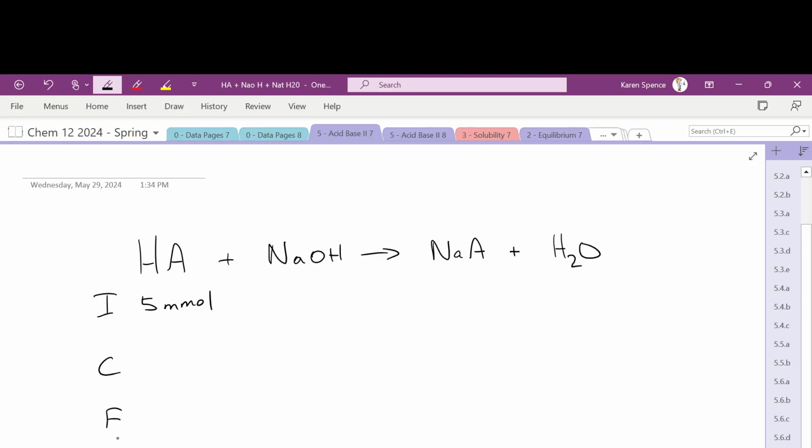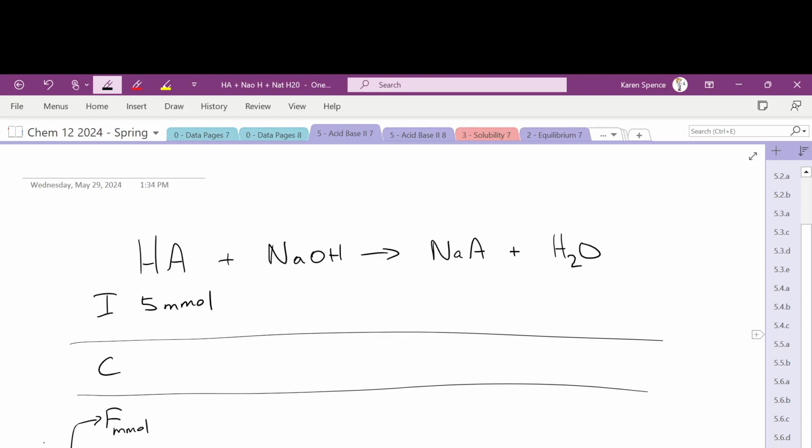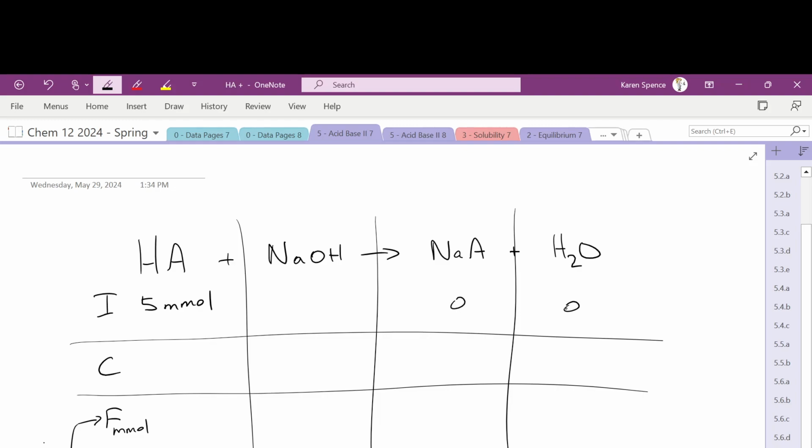When we get to the final, if our final millimoles is the equivalence point, is there anything else on this table that we can fill in? At the start, we have none of this and none of this.